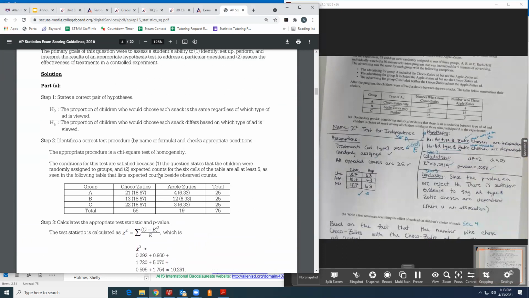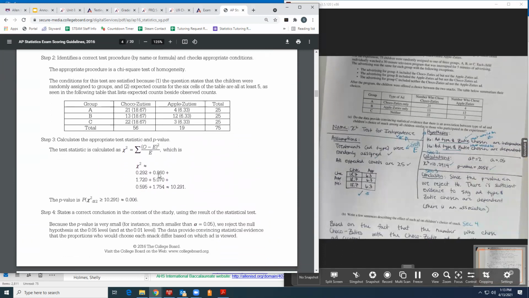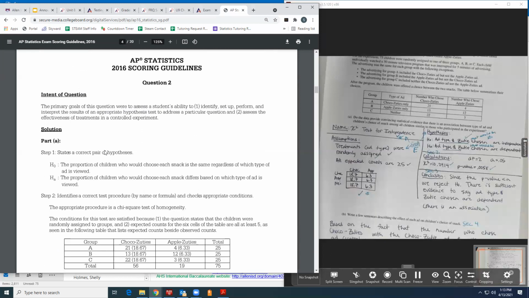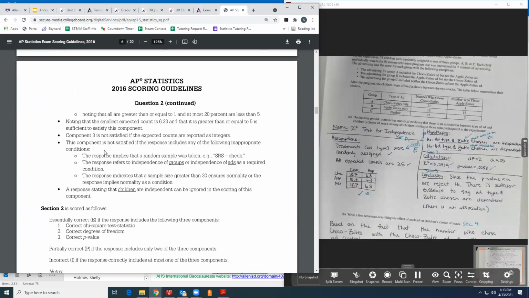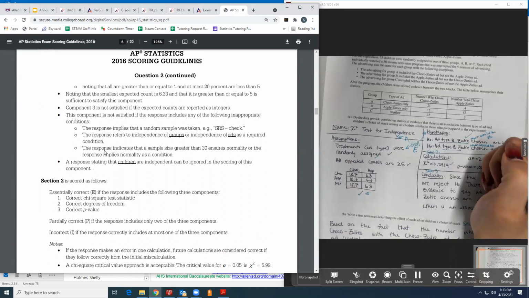They even listed degrees for you. Okay, well, they're saying you need degrees of freedom. I didn't see that up above, but I know degrees of freedom is 2. I don't know why that wasn't above.